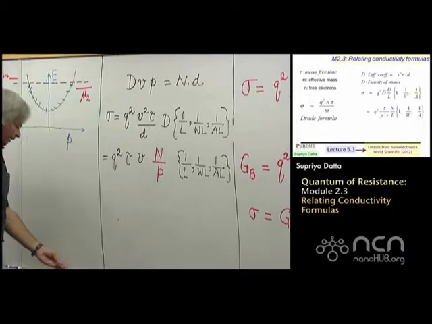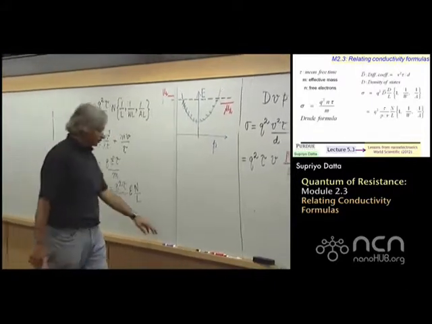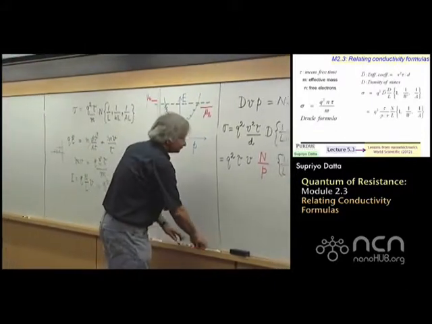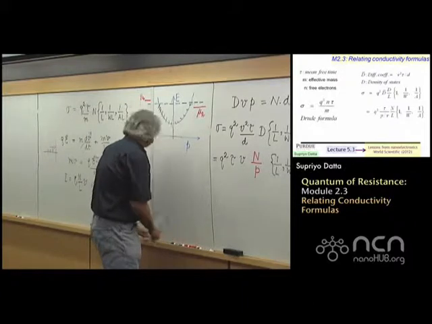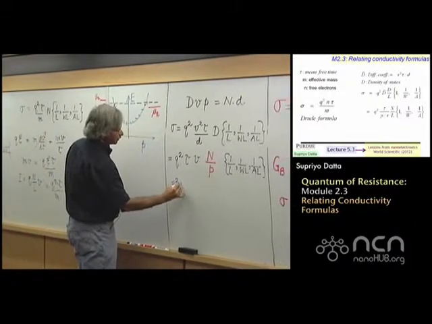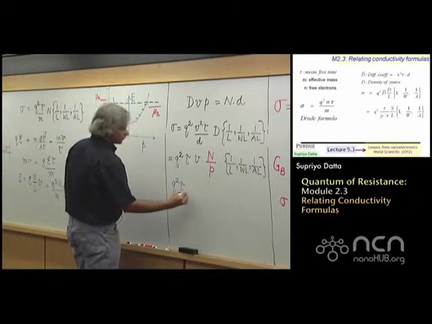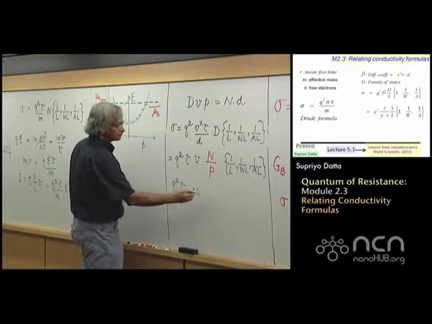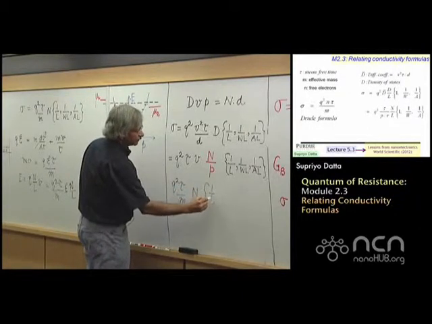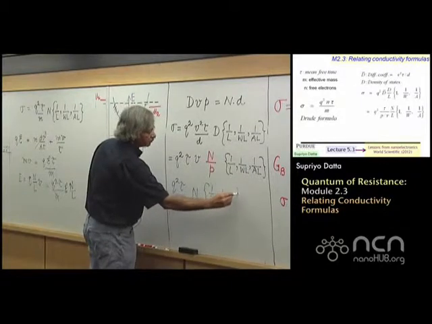So now if you compare to the root formula from here, let me just write that here for comparison. So the root formula is Q square tau over M times N times 1 over L, 1 over WL, 1 over AL.